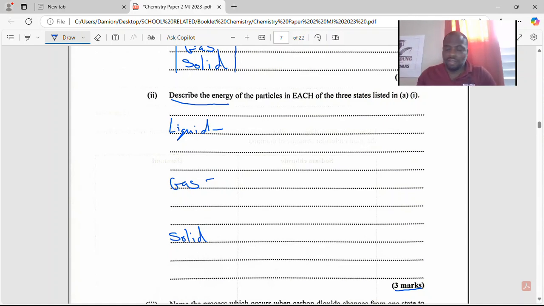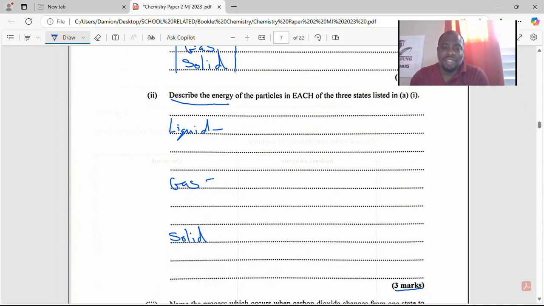We're at gas. They are free. And again, we want to hear about the energy. So they have the least amount of energy out of the three states, gas? Because they move freely.